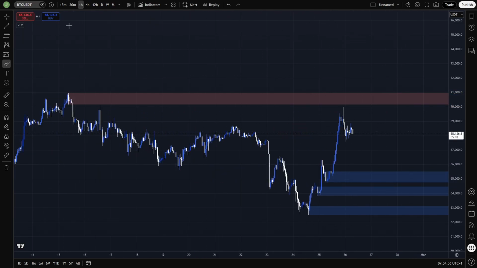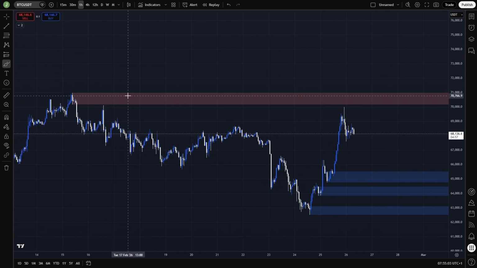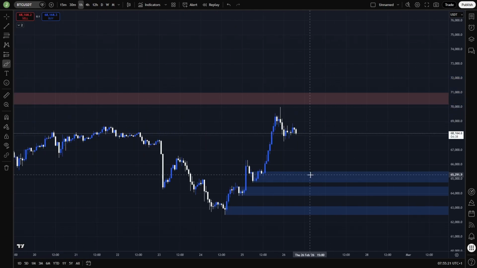You can see that right now we are, for example, on a Bitcoin chart, and from this candle this indicator actually created a bearish order block, which is right now between levels, let's say, 71k and 70k. I won't be explaining in this video how these order blocks are actually created. You can, of course, find it on YouTube, but in my opinion this is not that important because this indicator will do it for us.